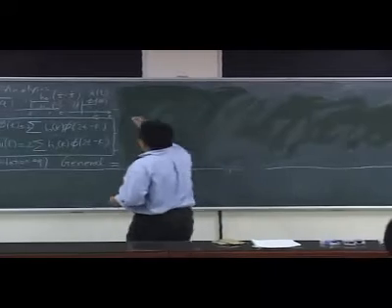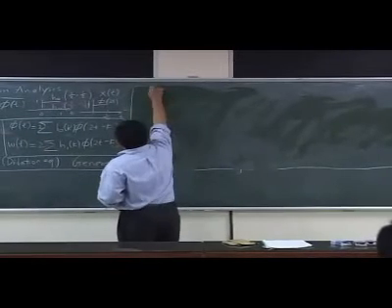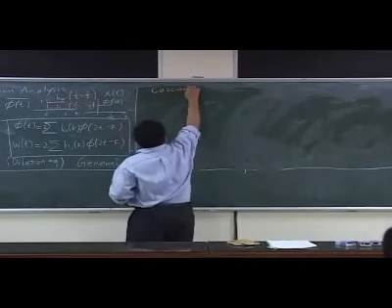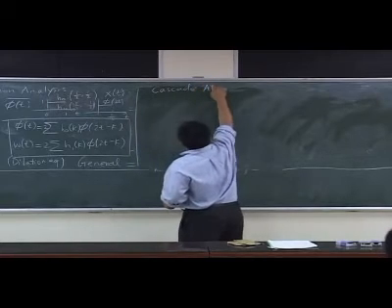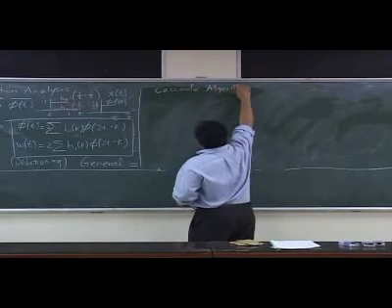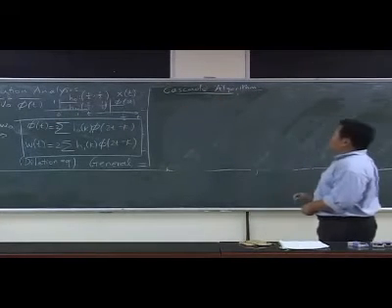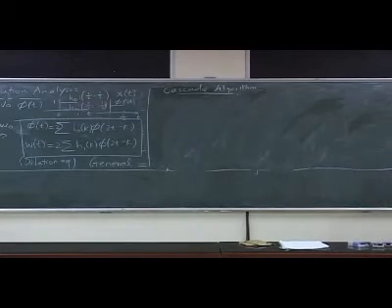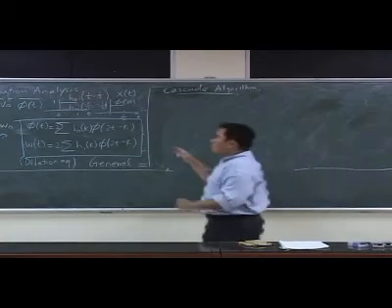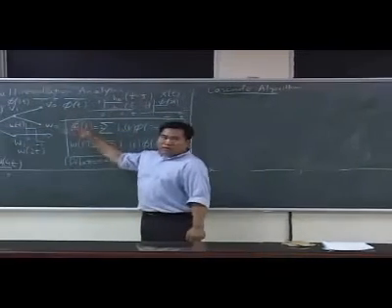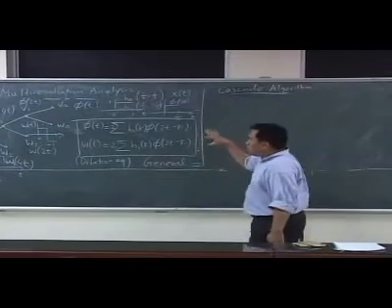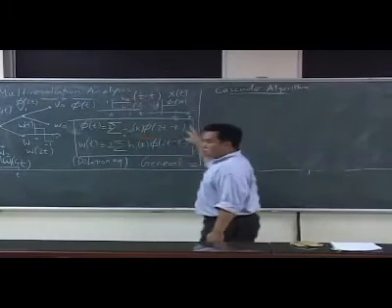Okay, this is in the book. This is called the Cascade Algorithm. I'm going to discuss one of them, and you can generalize it to the other one. Okay, let's stay with the first equation.